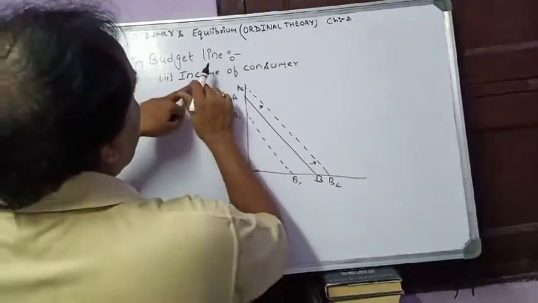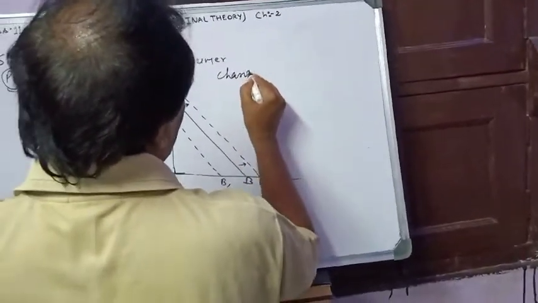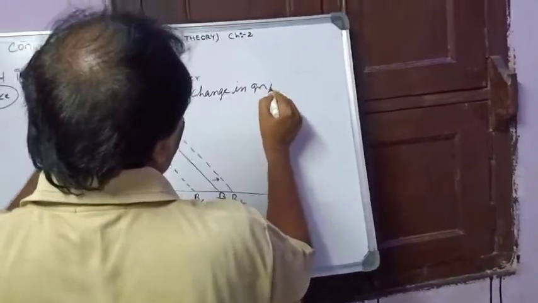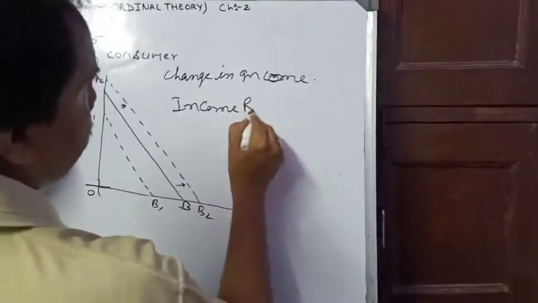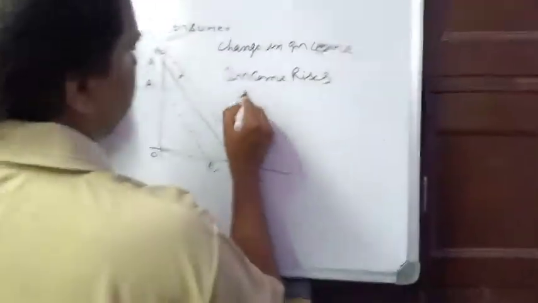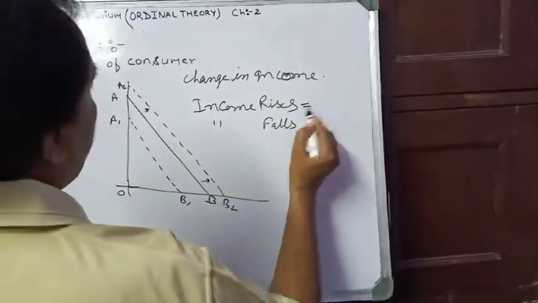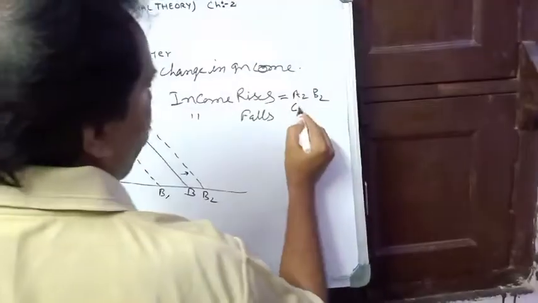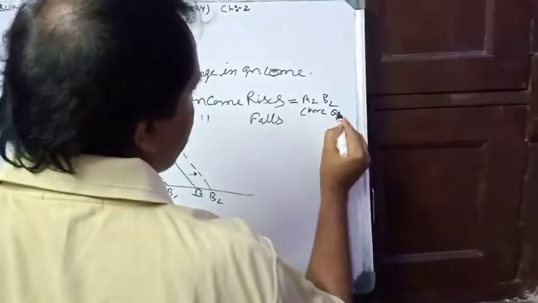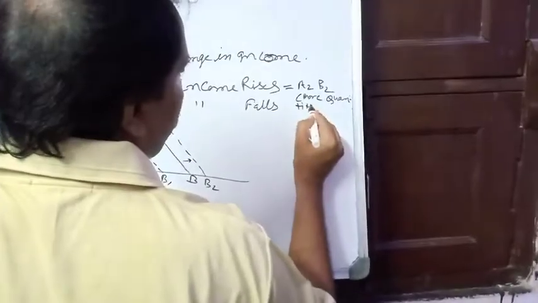Another condition is the income of the consumer. So income of the consumer, that is known as change in income. So if income rises or income falls. If the income rises, a consumer is able to buy A2 B2, meaning more quantity of both.